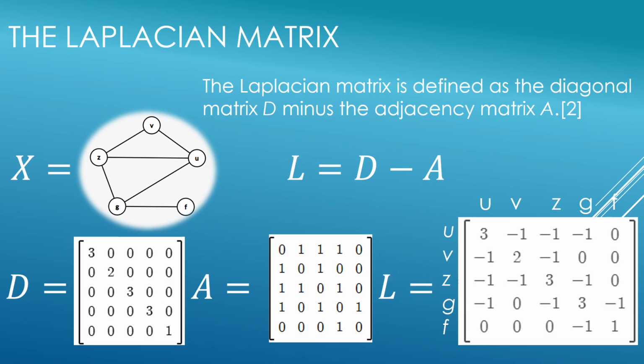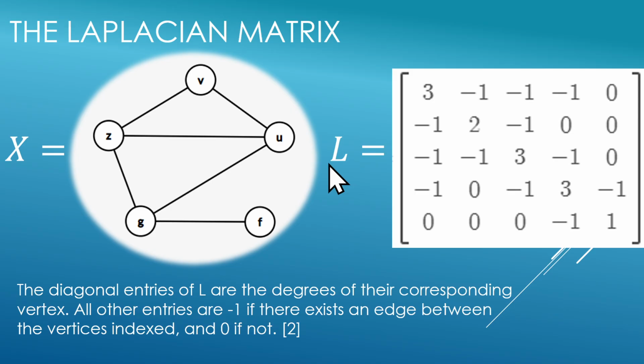So the Laplacian matrix that we'll be looking at most chiefly today is defined as the diagonal matrix minus the adjacency matrix. If you think about that, since the diagonal of the adjacency matrix is always zeros because there are no self-loops, the diagonal is always the degree of each node, meaning how many edges are on each node, and everything else is a -1 if there is an edge between the corresponding nodes, or it is 0 otherwise.